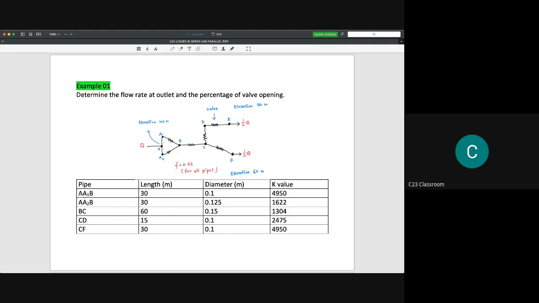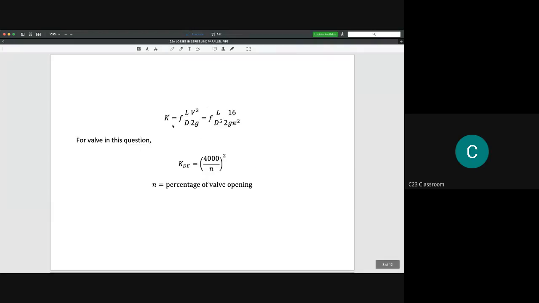For example, we have A1B, meaning from point A to A1 and B. The total length is 30 meters and the pipe diameter is 0.1 meter. Then we could calculate the value of K. To calculate this value of K, I think you already know this is the simplification of K, which is F L over D, V square over 2G.